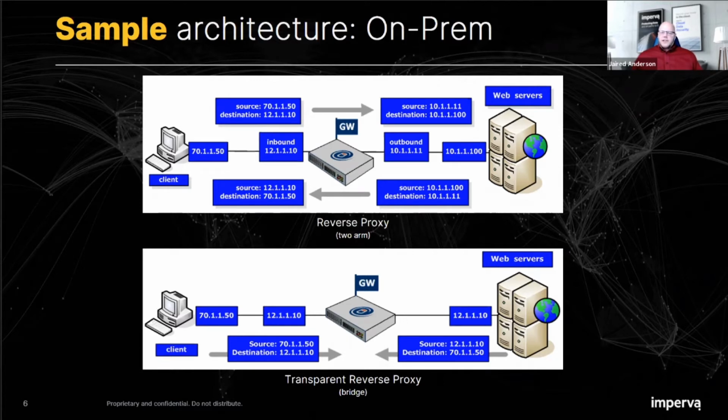You have to reconfigure your firewalls to route traffic, or your load balancer to route traffic to the WAF gateway, and also we have to configure the network routing on the WAF itself. The benefits of reverse proxy are the cipher support. So reverse proxy supports the widest array of ciphers, which include Diffie-Hellman.